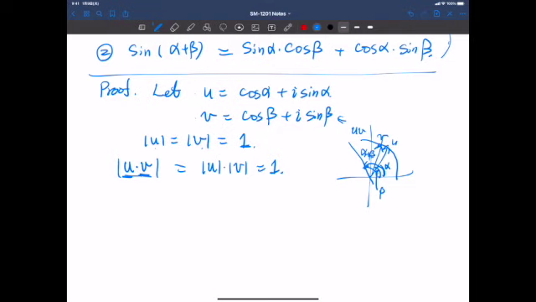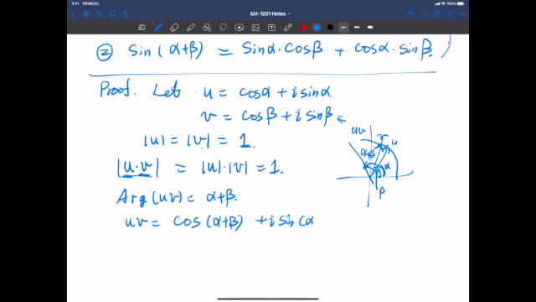So at least the principal argument of uv should be alpha plus beta.